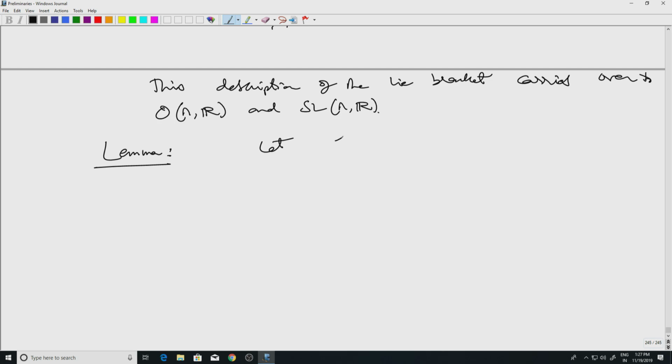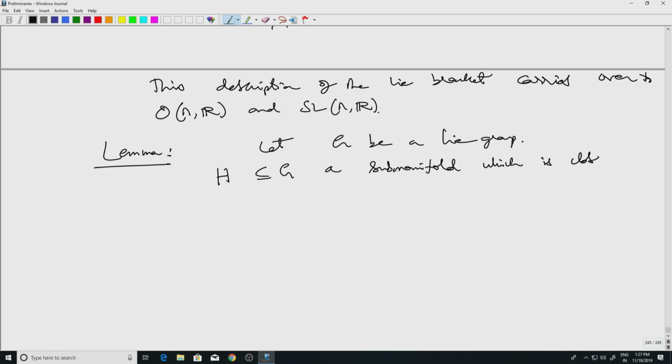let G be a Lie group, H contained in G a submanifold which is closed under multiplication and inversion.